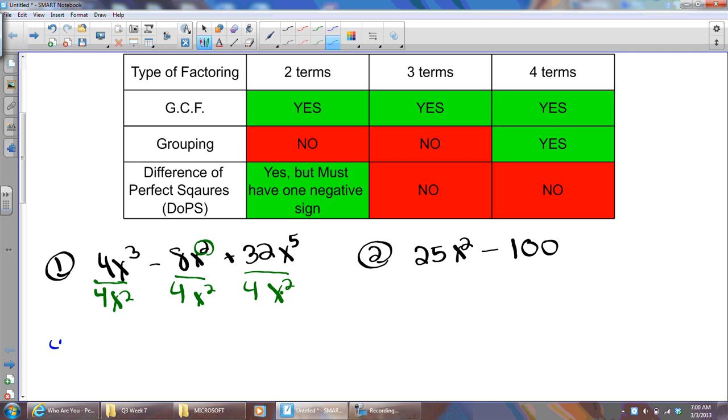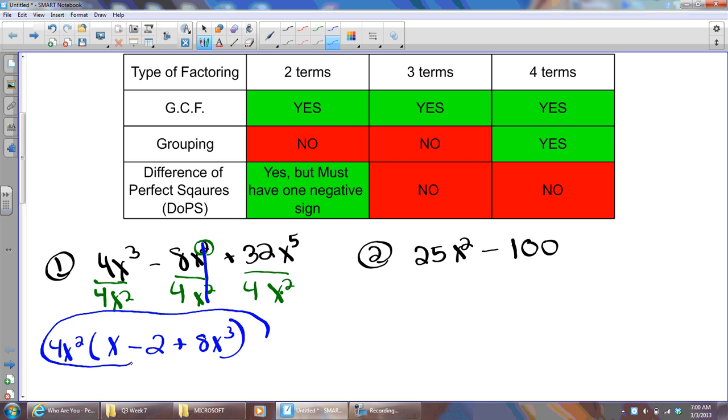And so I'll have a 4x squared times the quantity of 4x cubed divided by 4x squared would be a plain old x. Minus 8 divided by 4 is 2, but the x squareds cancel. And then 32 divided by 4 is 8. x to the fifth divided by x squared is x cubed. Right? There you go.